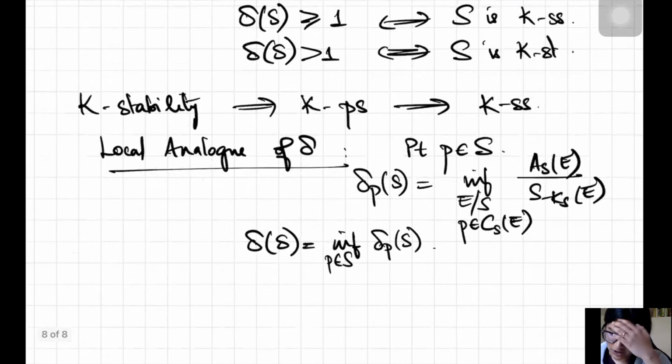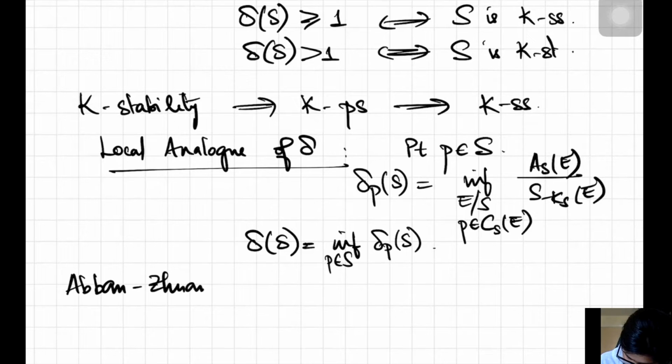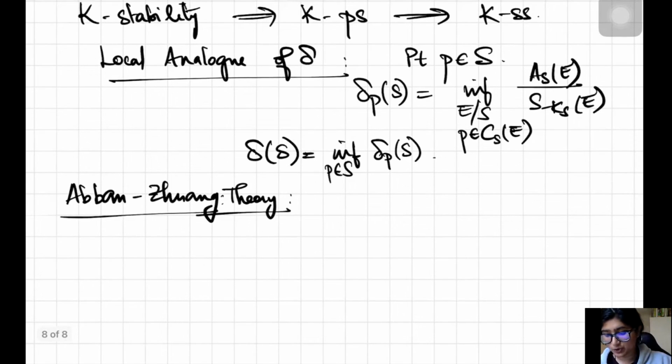So why does this help? Because with a very recent theory of Abban and Zhuang, we have a very nice way of computing delta_P very explicitly. And this in turn gives you delta, and so you can understand K-stability.